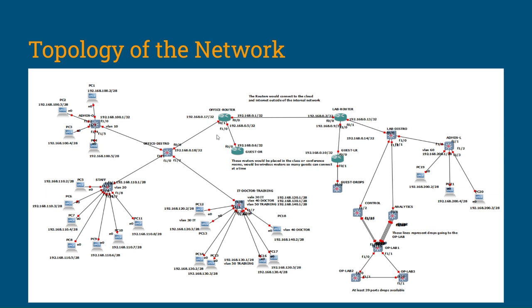So, going from the left office router, if we go down, there is a distribution switch that it is connected to. This distribution switch will carry the information that the router gets to the access switches that are, in essence, an access to the different virtual networks, or VLANs as they are called.